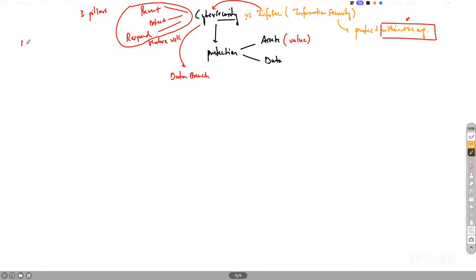Data at rest, which is when the data is being stored, let's say in hard disks or disk arrays, or data in transit, while the data is moving, while it is being transmitted, plus also when it's being processed.